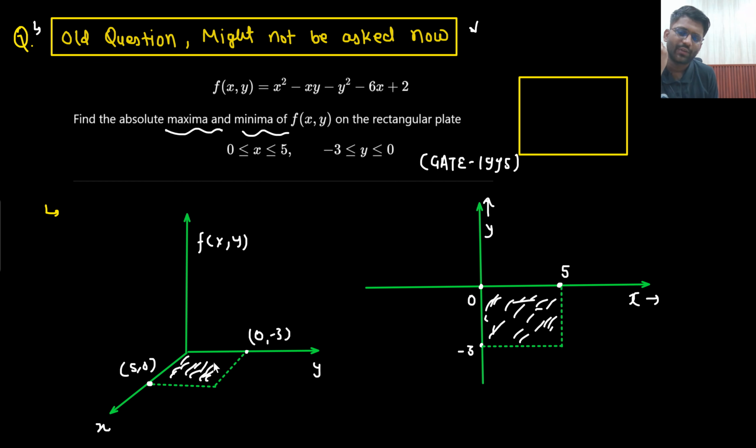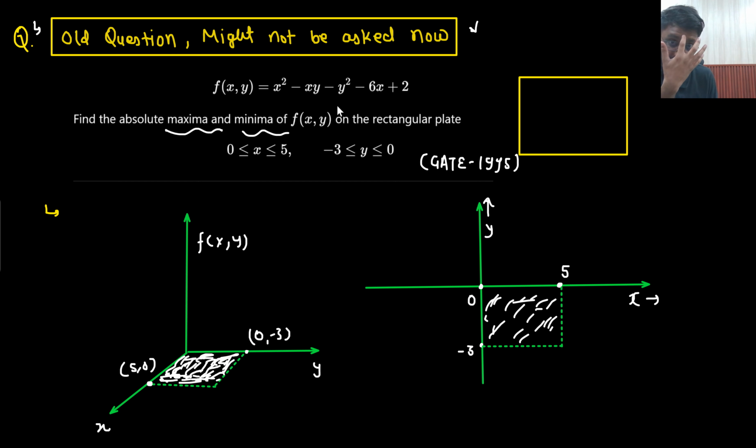In this range only you will make the graph, and you will need to tell the maximum value. This is the question. Understandable? Maximum and minimum value also you need to take.